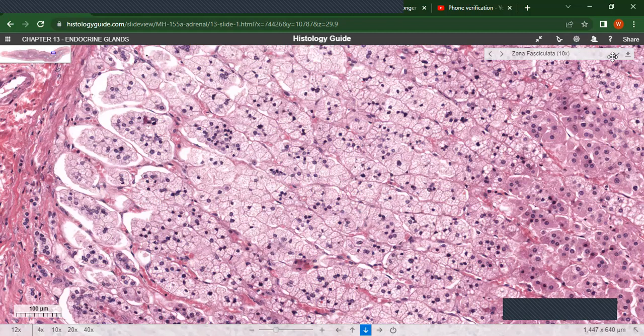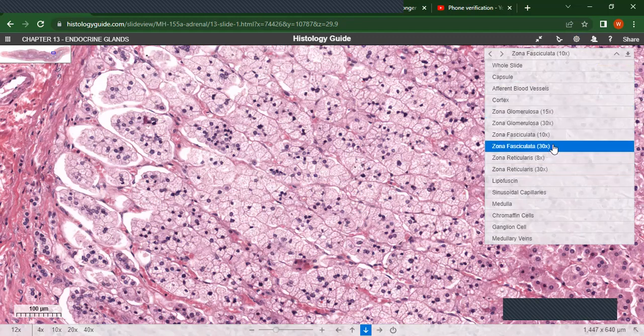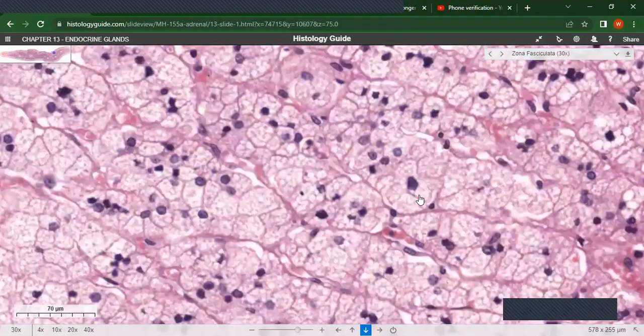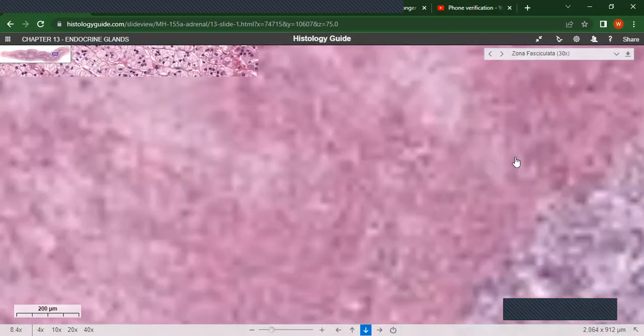So maybe we can have a higher magnification of the same zona fasciculata, for you to clearly see the sinusoids. This is a sinusoid. You can see the cells are in columns.